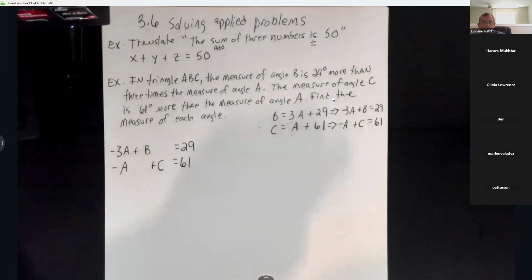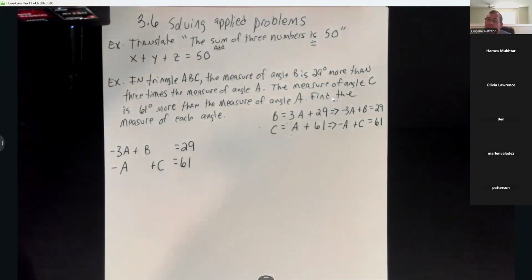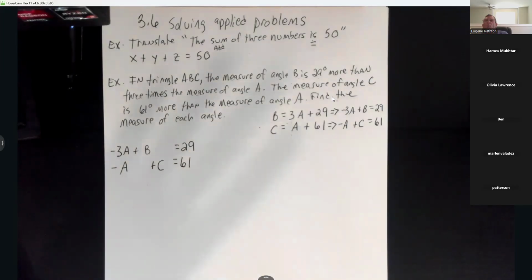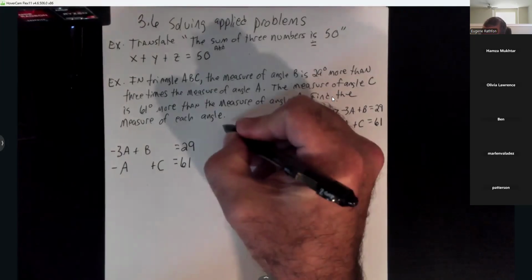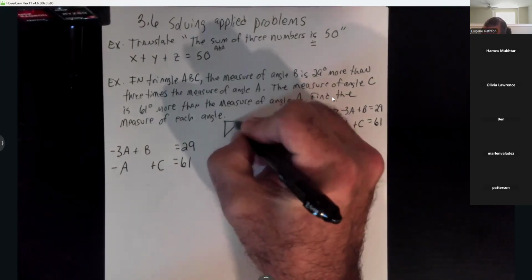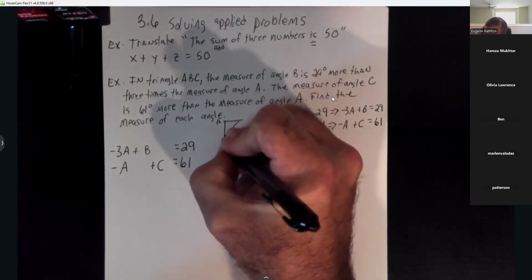So on this problem, they're assuming that y'all know something about those three angles. What do we know about the three angles of a triangle? Because you got an angle A, an angle B, and an angle C. So we got something like this going on. We've got a triangle.